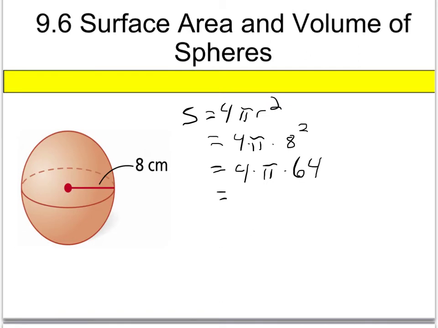Now, again, I like to get my numbers with my numbers. 4 times 64, I get 256. Still multiplying it times pi. I haven't taken it times pi yet. Once I get to that point, to the nearest whole number, it's about 804 centimeters squared.